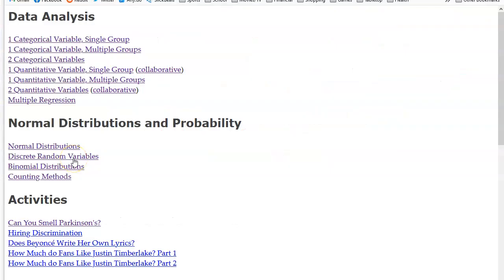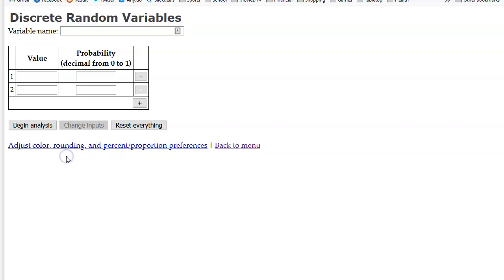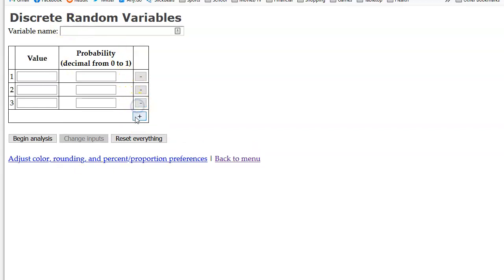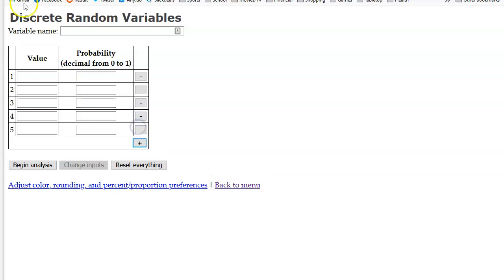Okay, so in Stapplet, what you want to go to put in a probability distribution like this is discrete random variables. And I'm going to select that one. And remember, there was 5 possibilities, 0, 1, 2, 3, or 4. So I'll put 5 of them. I'm going to put cracked eggs.